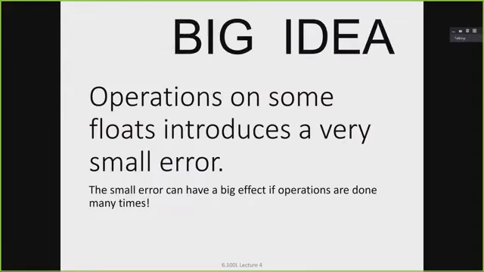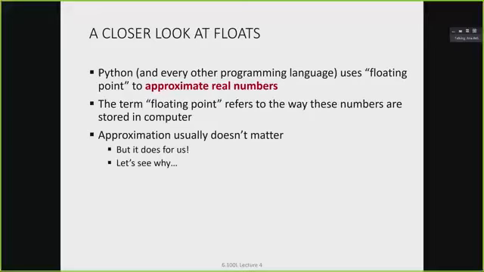The big idea here is that we have operations on floats, and because of the way floats are stored in computer memory, these operations introduce a very small error, super, super small, every time you do an operation with a float. But the more you do this operation that has this tiny error, the more this error gets magnified. And so we see surprising results like that. That comes about with the way that floats are actually stored in the computer.